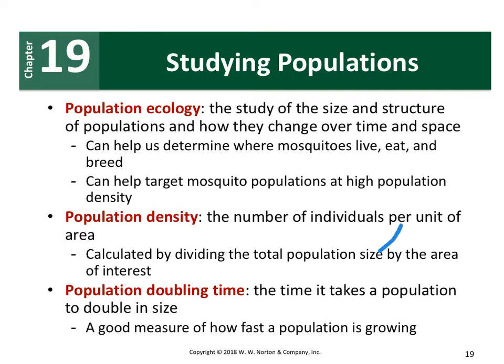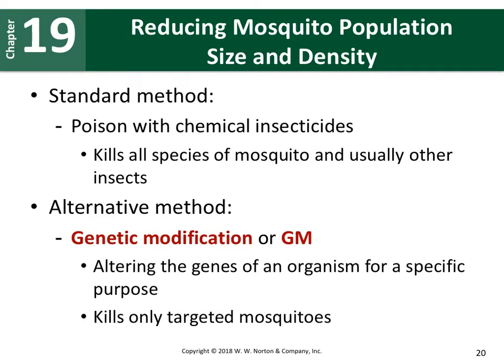Population doubling time is the amount of time it takes for a population to actually double if there are enough resources, right? So before populations can grow, there has to be an increase in resources, or they're going to overshoot and they're going to crash. Okay.